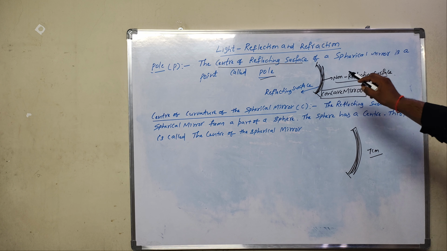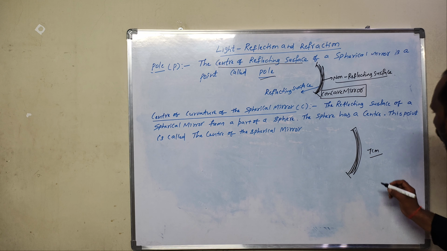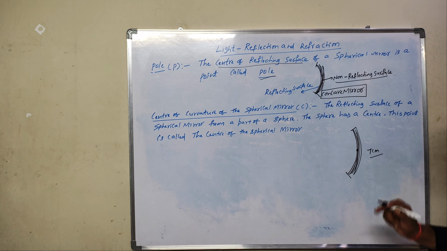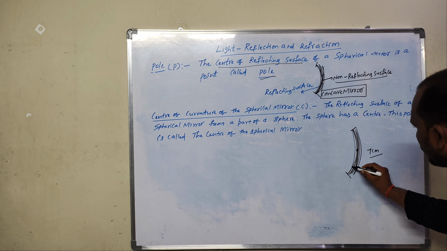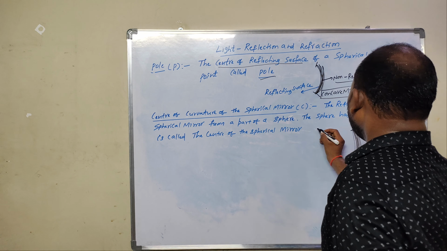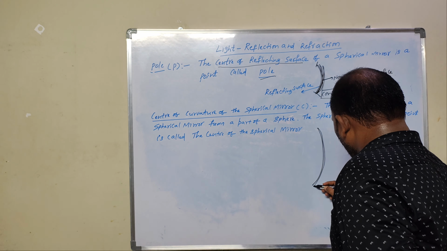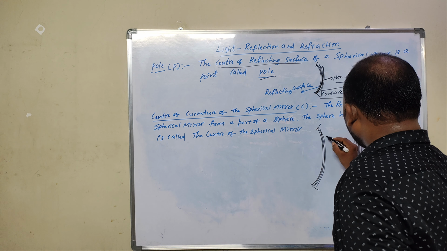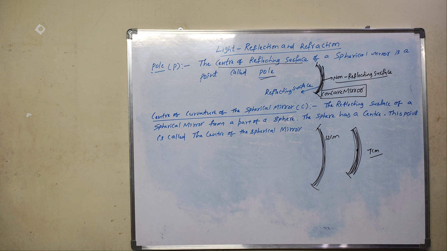The center of the reflecting surface of a spherical mirror is a point called pole. So at 3.5 is the center of this reflecting surface. Don't get confused. Now let us take another example. The reflecting surface is now 12 centimeters. So this is 7 centimeters and this is 12 centimeters.